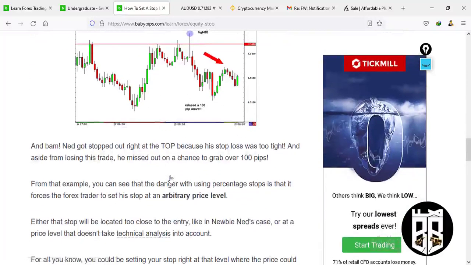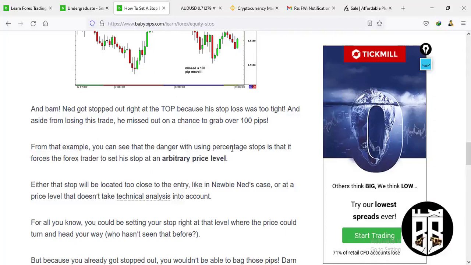Many of us have experienced this. I'm sure you too might have experienced this as well. So from that example, you can see that the danger with using percentage stops is that it forces the trader to set his stop at an arbitrary price level.